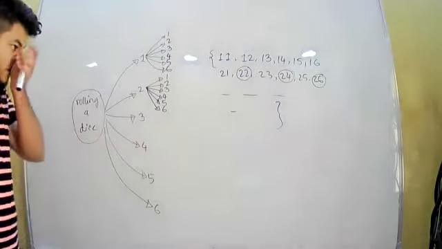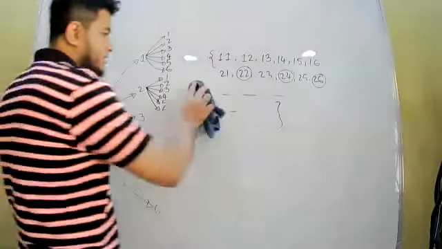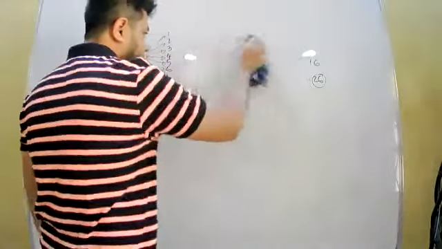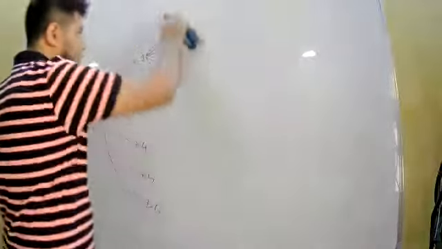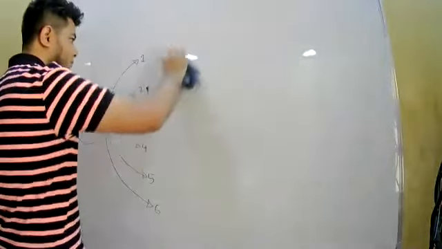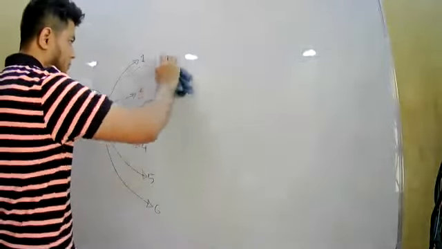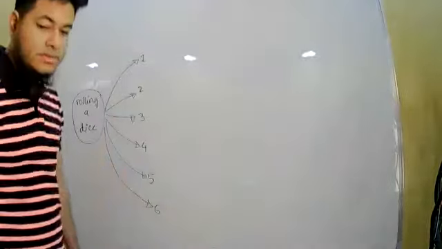Okay, so now the question might be like this again. They will tell you that you have rolled a dice 1 time and then you have tossed a coin 1 time.